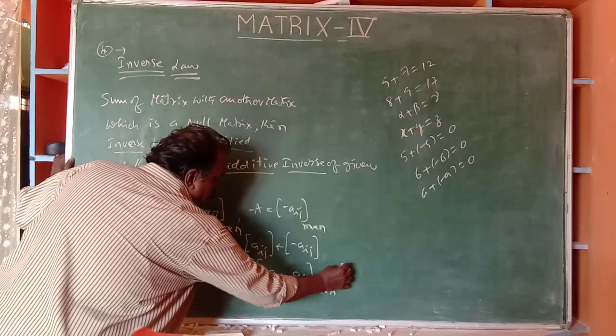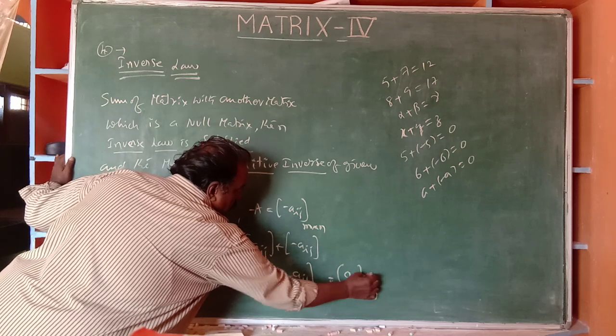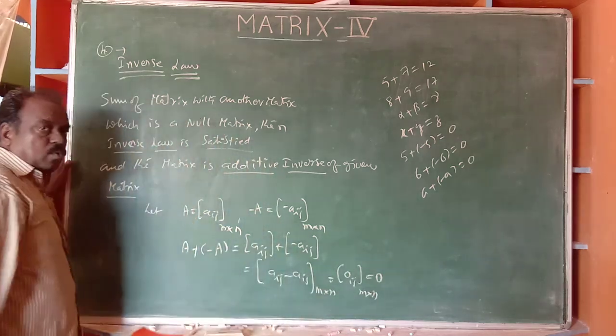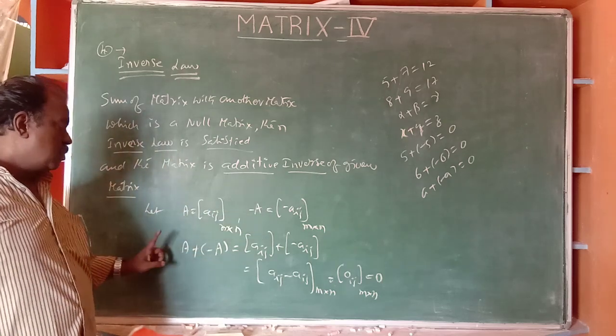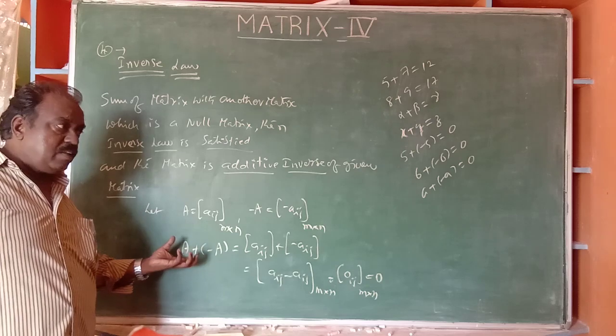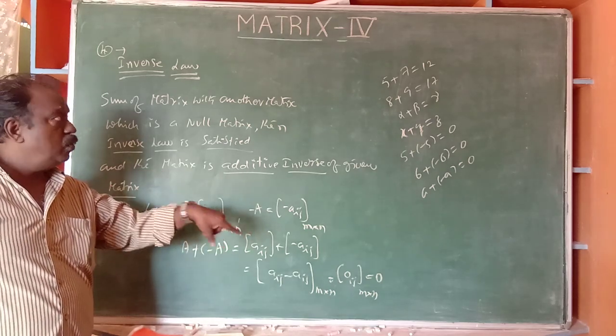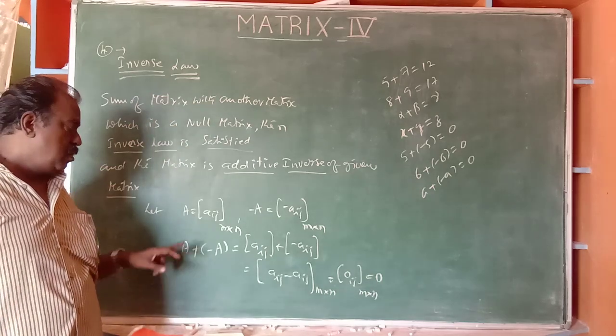It is nothing but 0. Now it is a null matrix, whose resultant matrix is a null matrix 0. So here the addition of two matrices is 0. 0 is an identity matrix, the third property before this one.